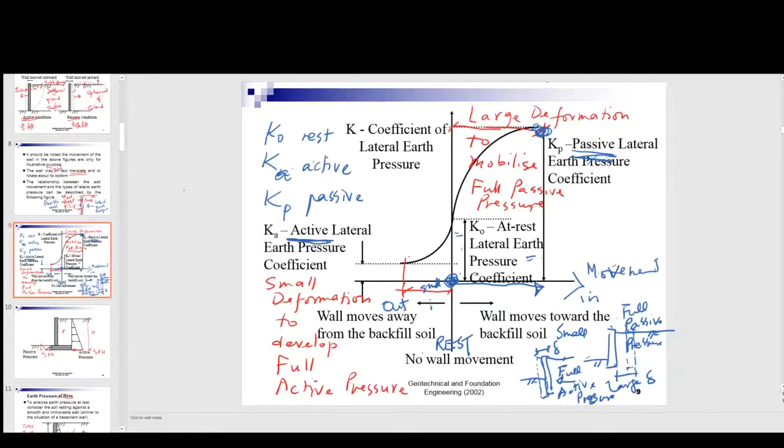What about the others? Can you get the physical meaning of the passive and the active pressure?